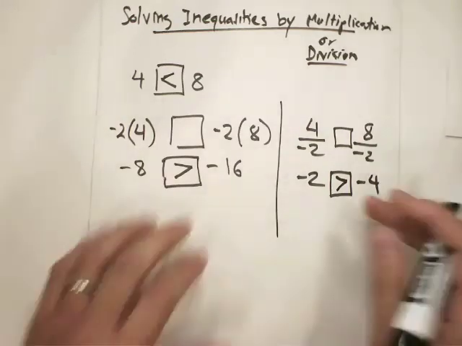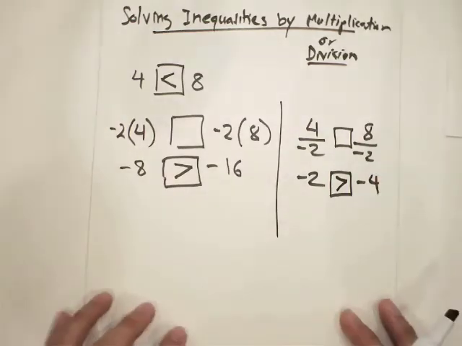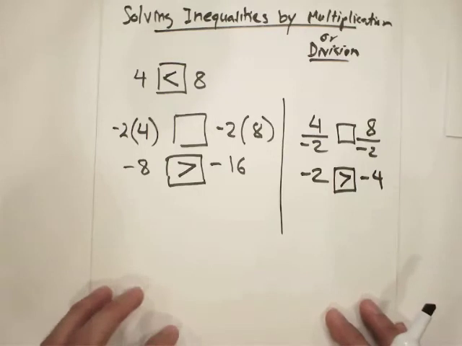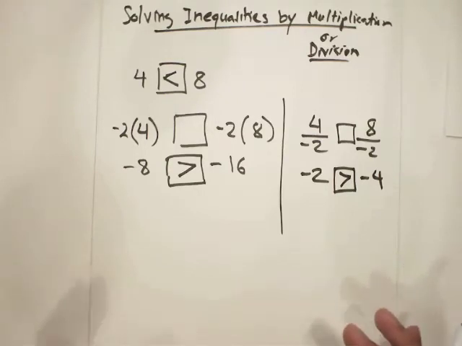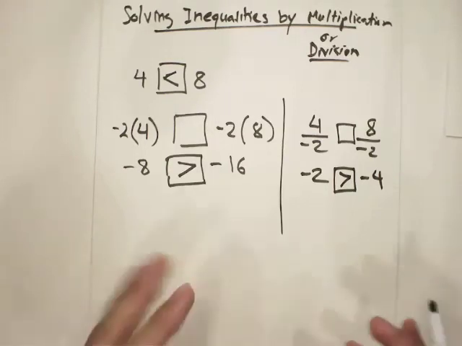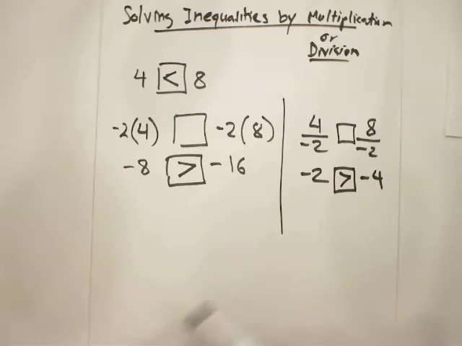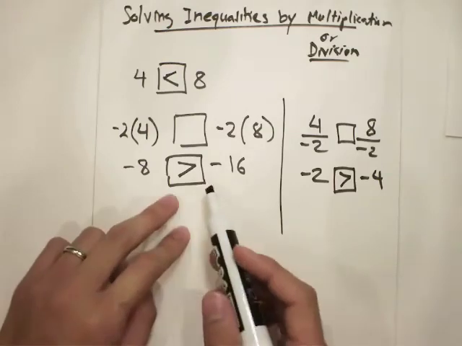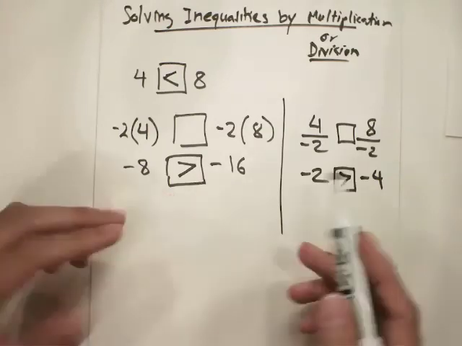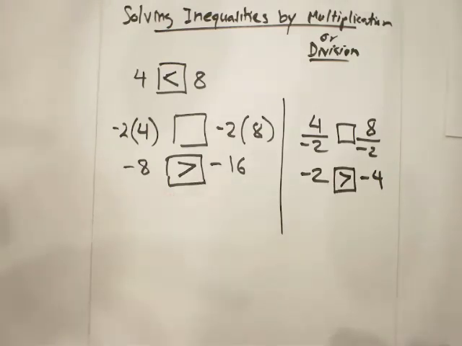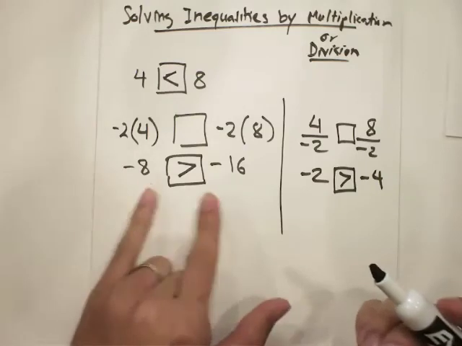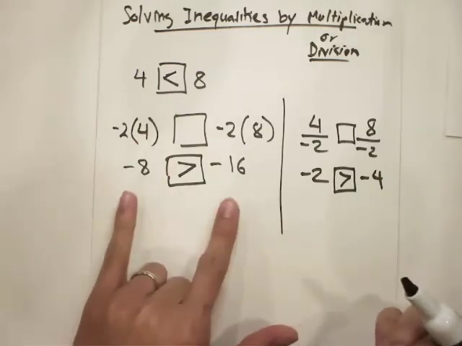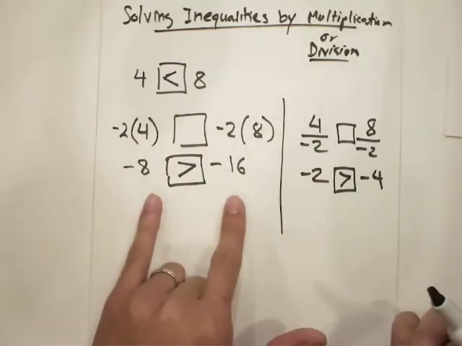So through these two examples right here, what do you notice about dividing or multiplying by a negative value? Well, we know that whenever you multiply or divide by a negative value, your symbol actually gets switched. It's not the same as before. The reason you have to forcefully flip your symbol is because if you keep it the same way, it won't be true anymore. So you have to flip it to make it true still.